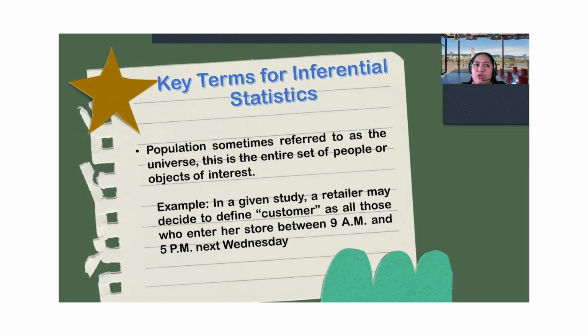Population is those respondents that you really wanted to question or have the survey questions. So in this example, the store has its population, the customers, as the ones who entered his or her store between 9 a.m. to 5 p.m. every Wednesday.